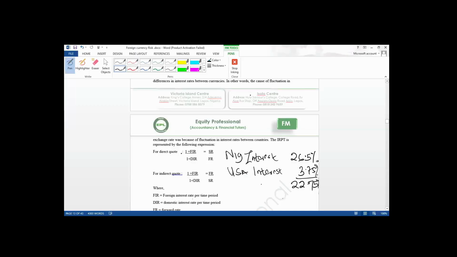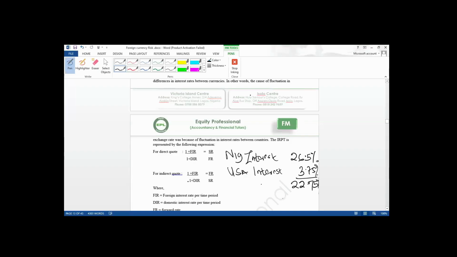Look at the expression. For direct quotes, your interest rate parity theory equation is (1 + FIR) divided by (1 + DIR) is equal to SR over FR.